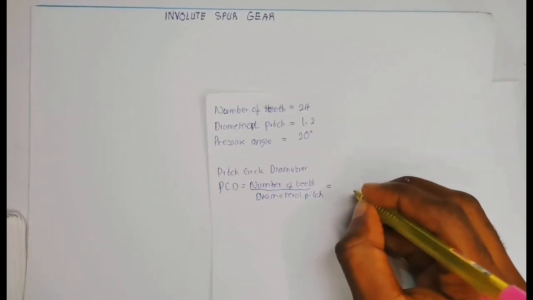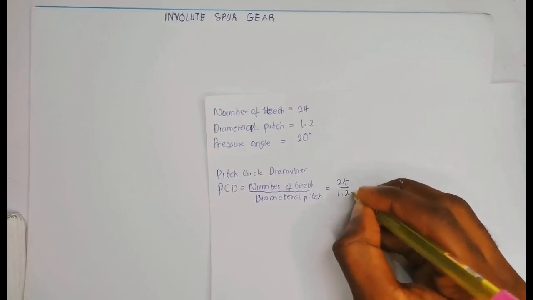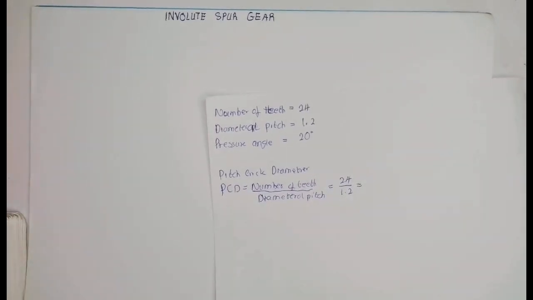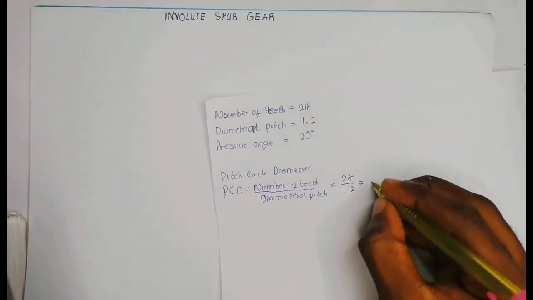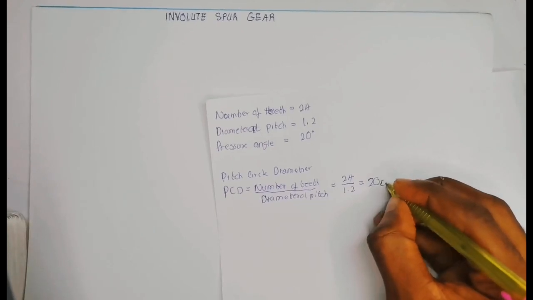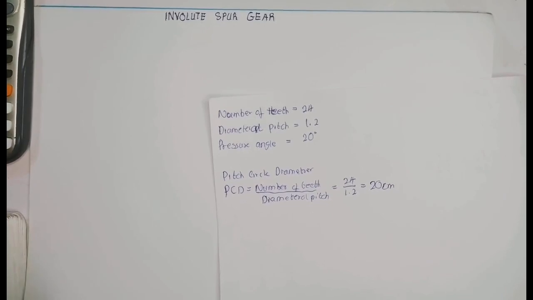Our number of teeth is given to us as 24 and our diametral pitch is 1.2. So calculate, 24 by 1.2 is 20 centimeter, as said in the question, taking centimeter as unit length.